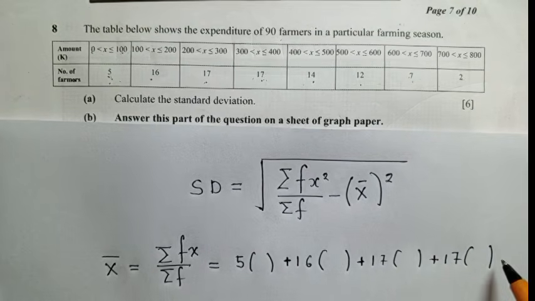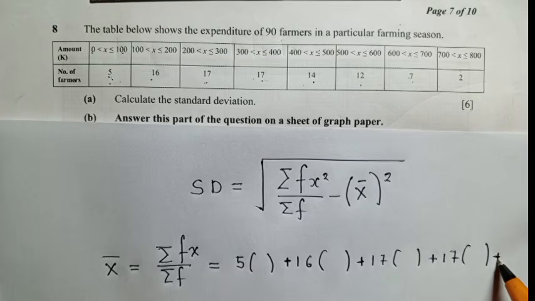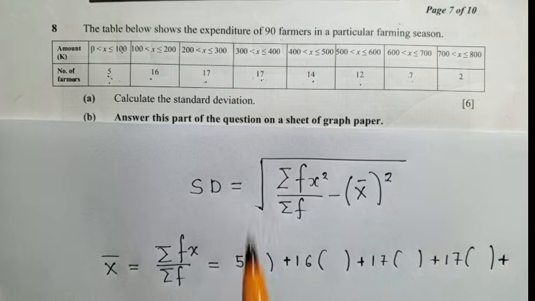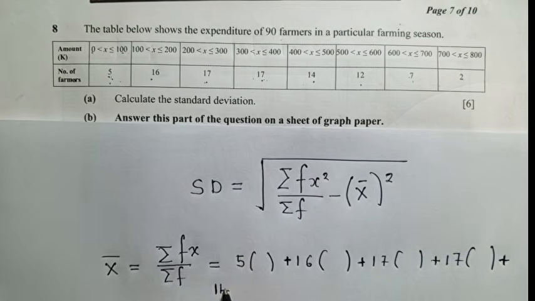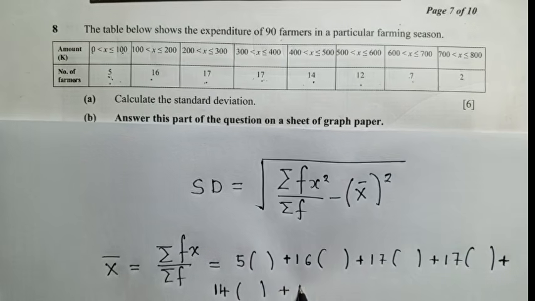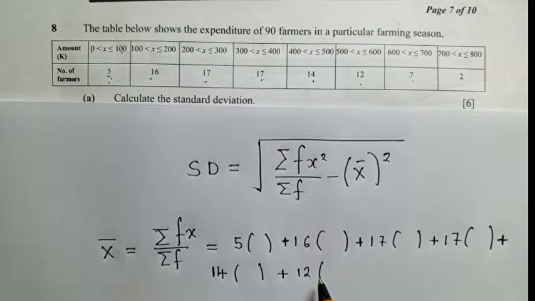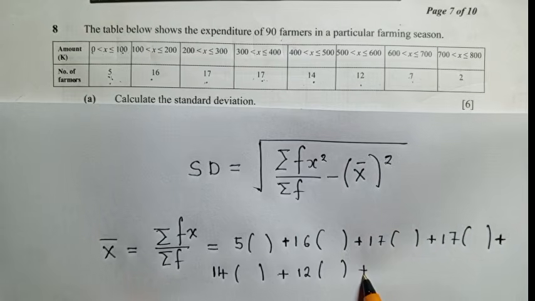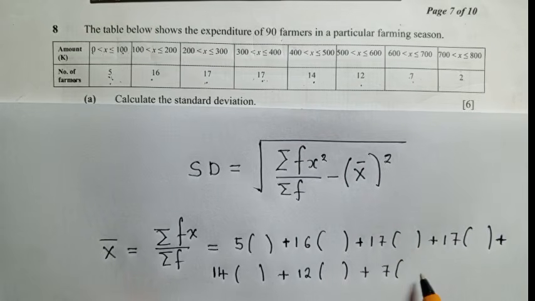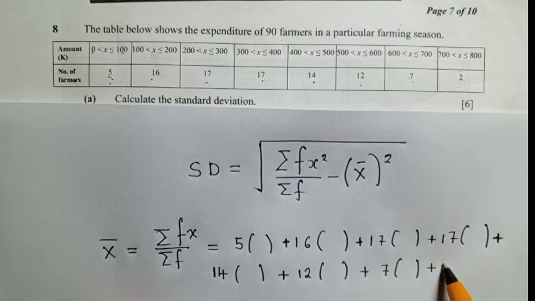I'm running out of space, so I'll just write plus, and then here I write 14, open and close. Next is 12, also open and close. After 12, I've got 7, and then a 2.